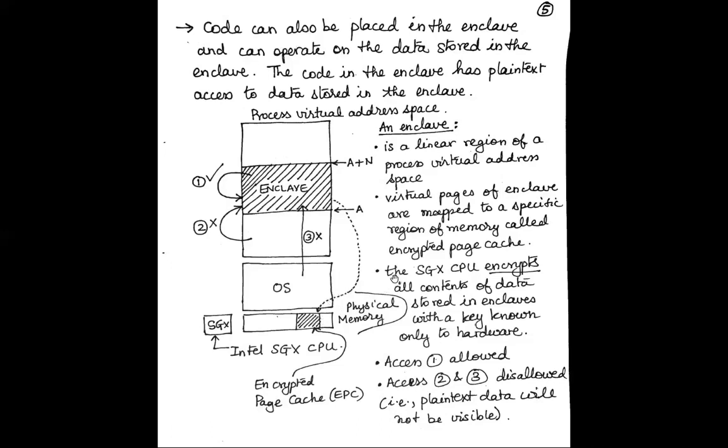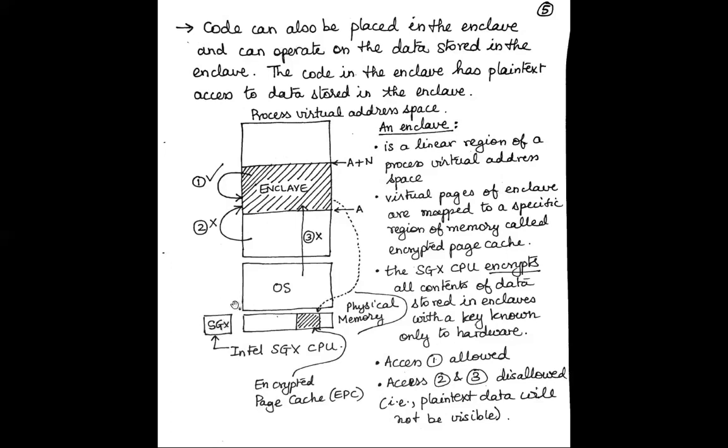The other guarantee that the hardware gives is that the SGX CPU is going to encrypt all the contents of the data that is stored in the enclave with a key that is only known to the hardware. That key is stored internally within the SGX CPU and is not made available to anybody, including the OS.